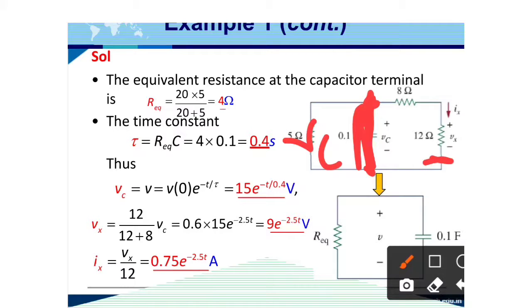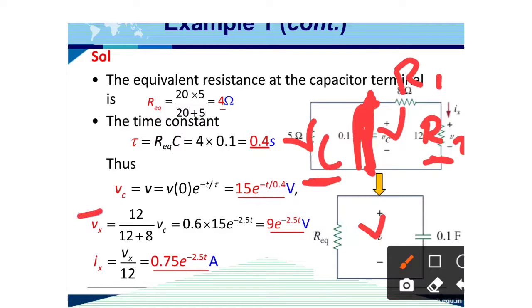The voltage divider rule: total voltage Vc multiplied by the resistor whose voltage we want to find, divided by the total resistance, so 12 divided by 8 plus 12. Here the total is V, this is R1, this is R2, and we have to find the voltage at R2. So the equation is V × R2/(R1 + R2).